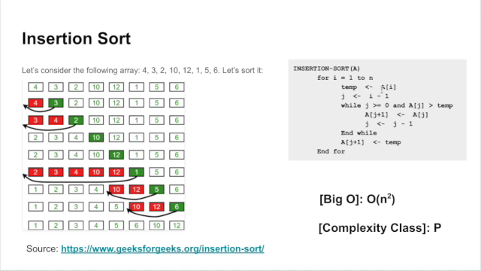So n-1 per n-1, we have a polynomial time complexity, and in this case the order is going to be n squared, and it's going to be bounded in the P space, which is considered for this insertion sort the complexity class of P.